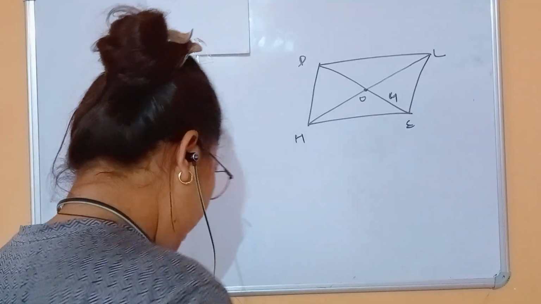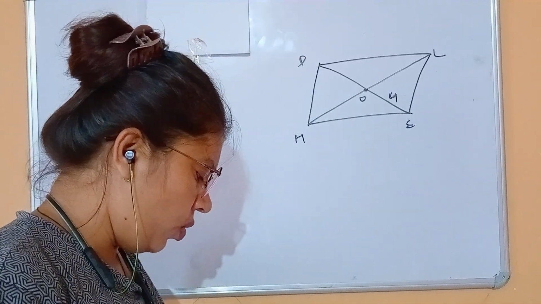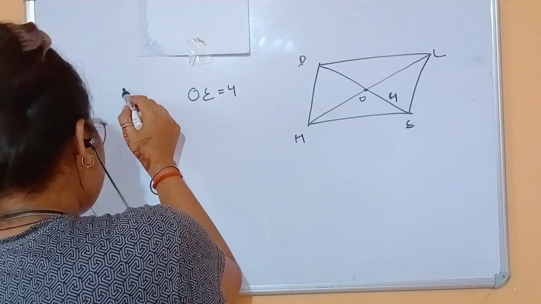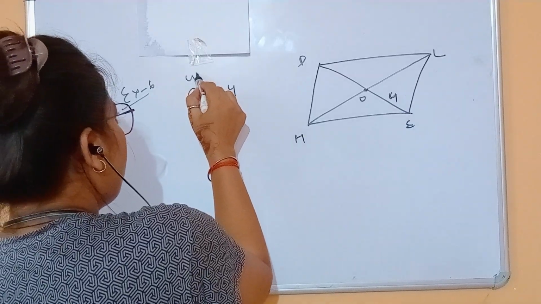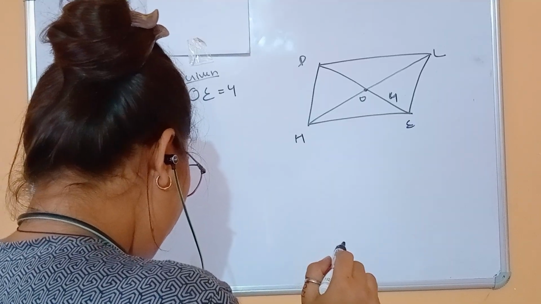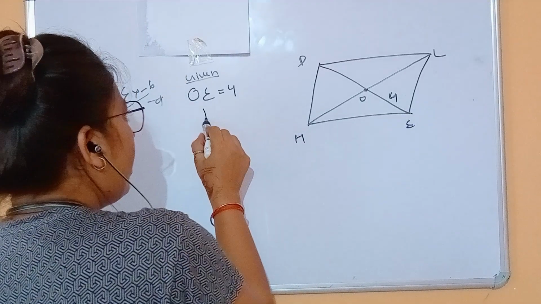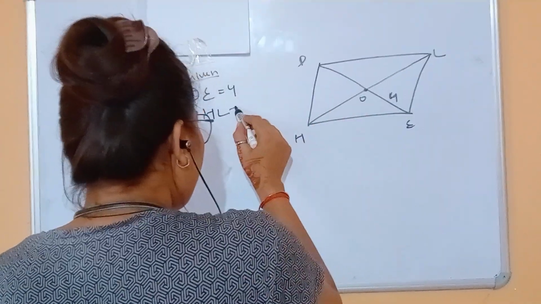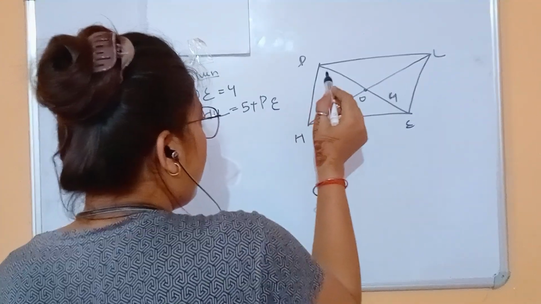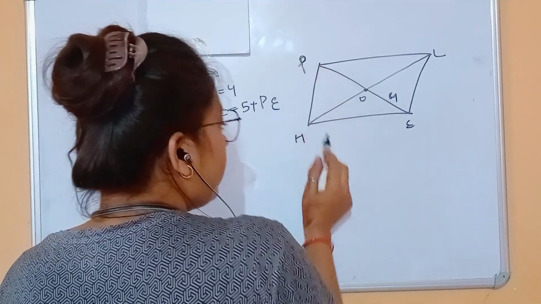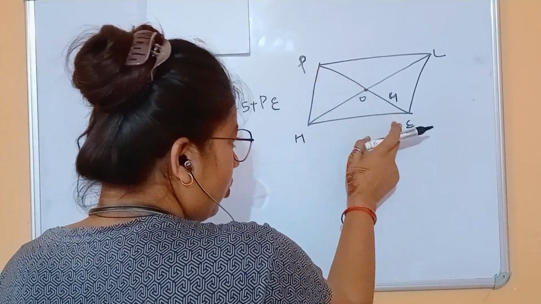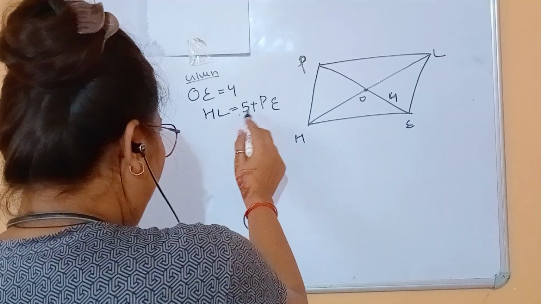Now the question says, in figure HELP, a parallelogram, given that OE is equal to 4, and HL is 5 more than PE. So we can write HL is equal to 5 plus PE.